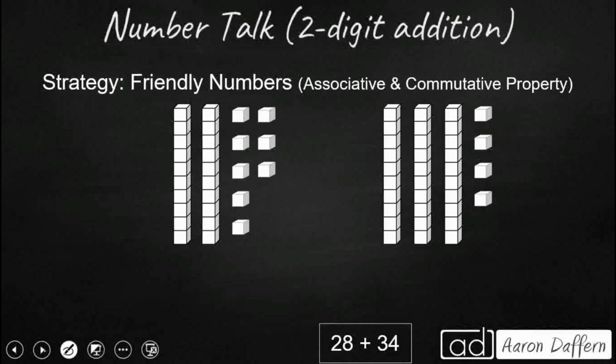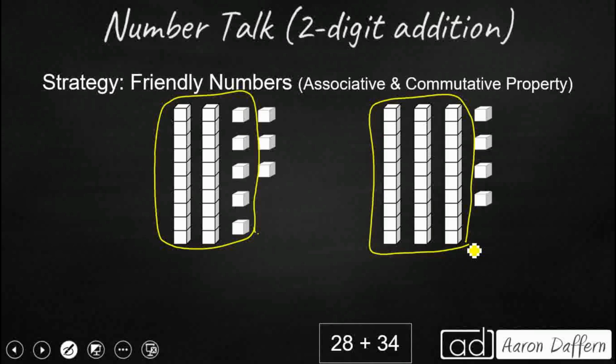Now I can also sometimes use something called friendly numbers. So what I'm looking for is, are there some numbers that are a little bit easy or friendly to add in these numbers? And I'm looking, and you know what? I see 25 and 30. I can add 25 and 30 pretty easy.